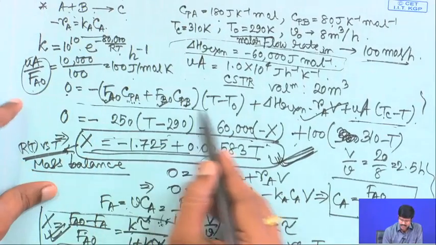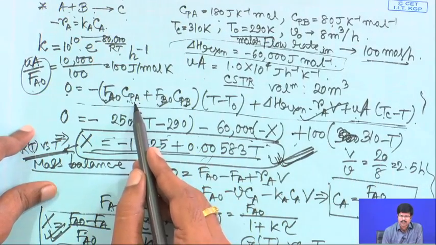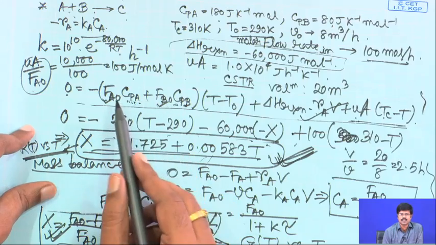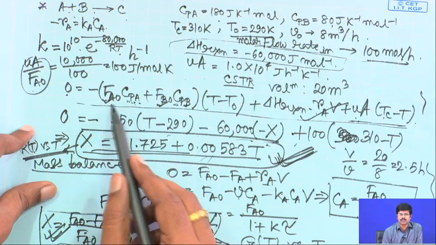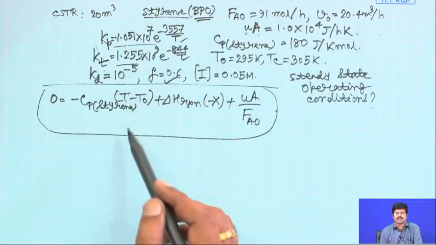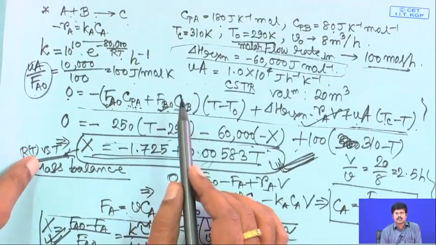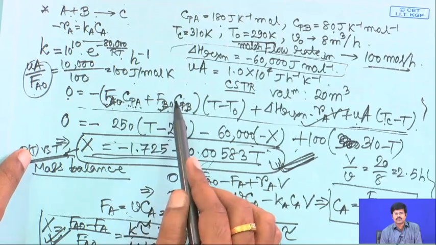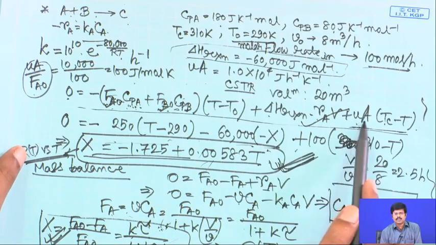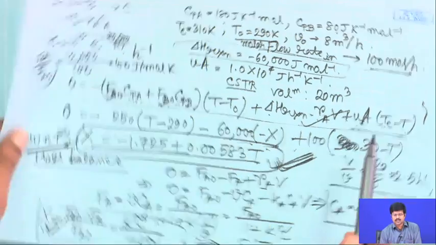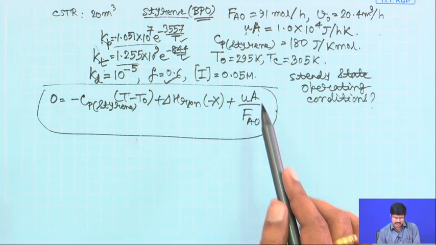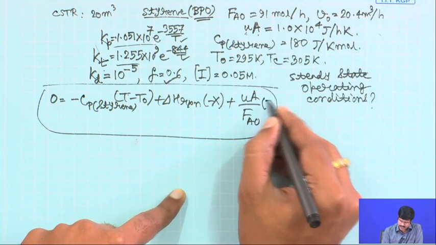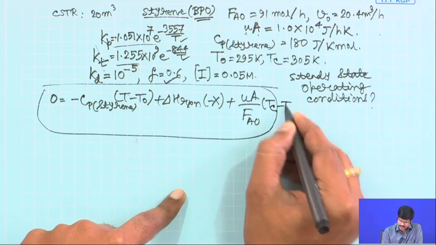This is the original equation. Whatever number of reactants are there, you just add the heat capacities, and we are assuming that the molar flow rate is the same for all the reactants. In this case, we have only one reactant though. So, you put all these values there, and then you divide by your molar flow rate, so that will be UA into Tc minus T divided by Fa0. Exactly, that is what we are putting here. So, this is basically Tc minus T.